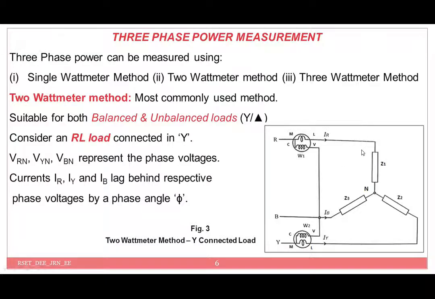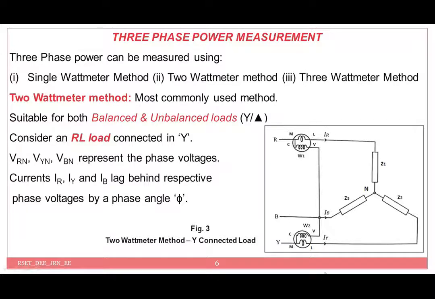For the time being I have taken a star connected load. So this is an RL load connected in star, and you are familiar with these notations: VRN, VYN and VBN. Voltage between this line and neutral is VRN, voltage between this line and neutral is VYN, and voltage between this phase and neutral is your VBN.